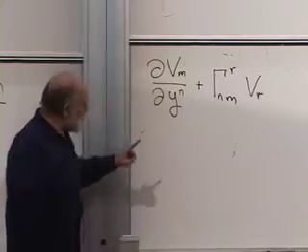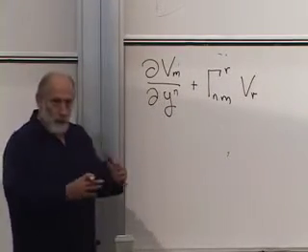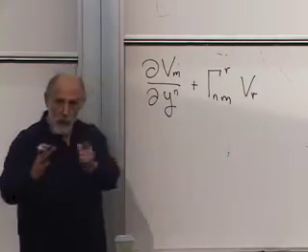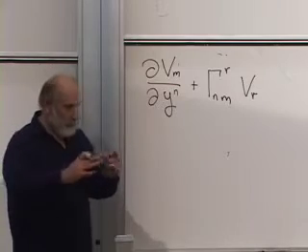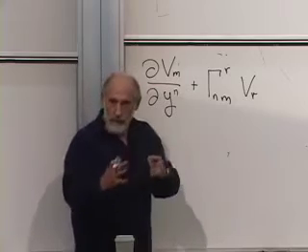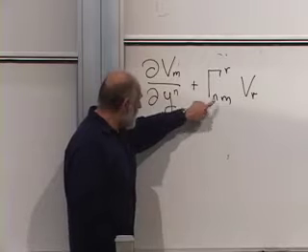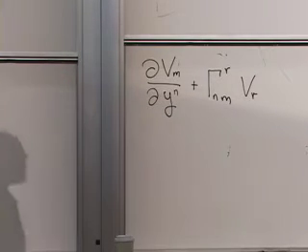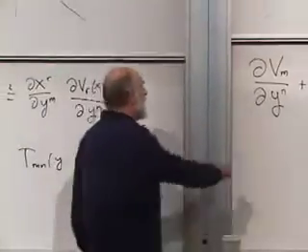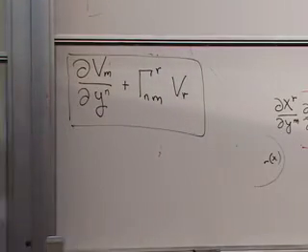What this term over here represents is the fact that when you differentiate a tensor, you have to take into account the fact that the coordinates are varying from point to point. And so the components have some variation that's just due to the fact that the coordinates themselves are flopping around, so to speak. I've told you in this language over here what this gamma is, but now we're making a guess.